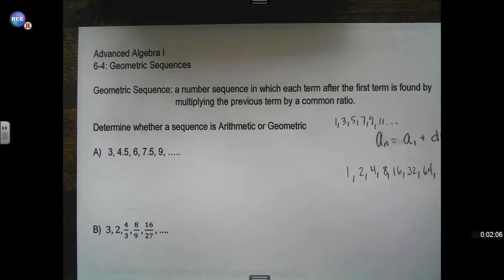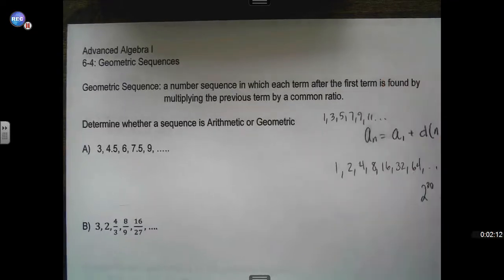And if I want to know how much money I'm going to have on the 30th day, I have 2 to the 30th dollars. So if you multiply by 2, multiply by 2, multiply by 2, or it could be multiplied by a half, or multiplied by -3, if you have something like that, then it's a geometric sequence.